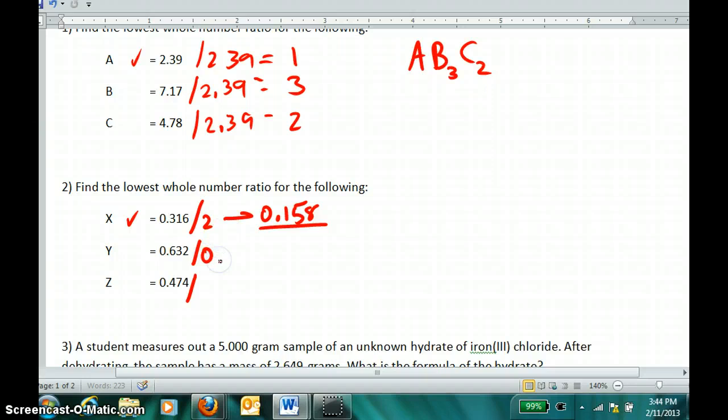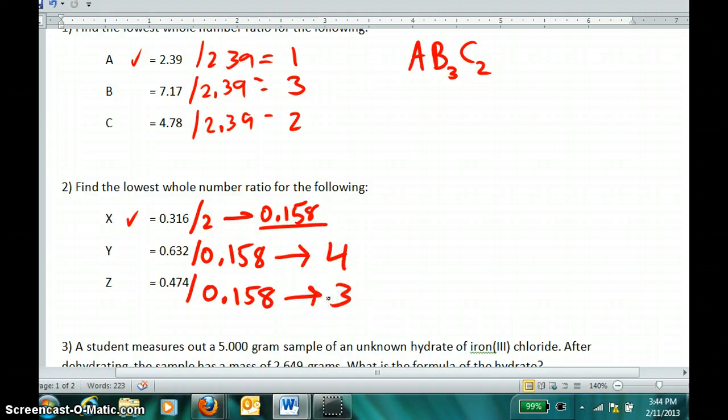When I divide 0.632 by 0.158, I get exactly 4. And when I divide 0.474 by 0.158, I get exactly 3. And don't forget, if I divide 0.316 by 0.158, I get 2.